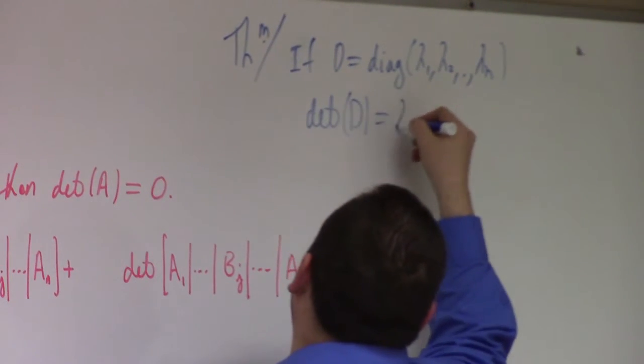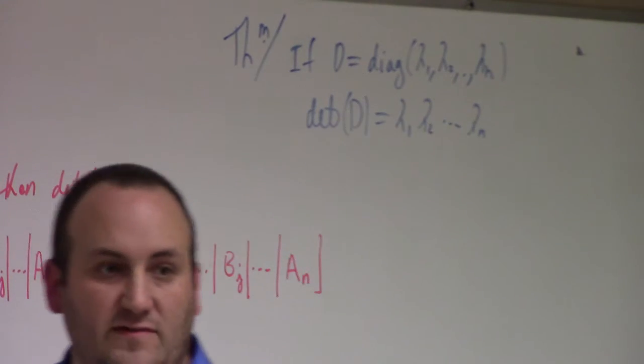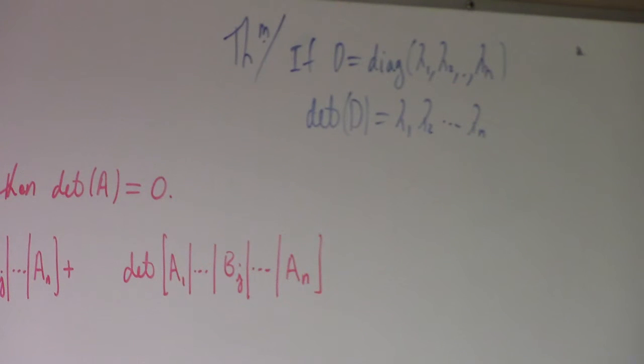It's the product of the diagonals. So if the matrix is diagonal, you just multiply the diagonals. That's the determinant. We just saw that here, right? Unfortunately, if we had learned that before, we could have saved ourselves all this calculation. Oh well.